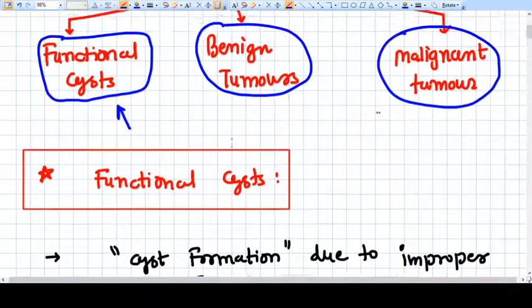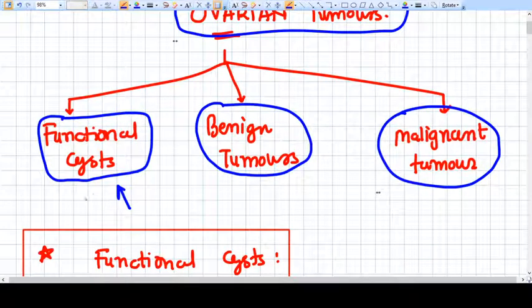Routinely they only develop up to 22 mm or let's say 25 mm. Then they rupture and the corpus luteum is there, and corpus luteum will regress within 11 to 12 days. So it will subside by itself.